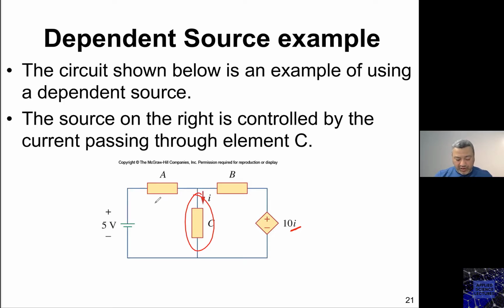This is how we identify the controlling variable and the generated amount of energy. Always keep in mind, if you see a plus minus, then you are generating a voltage. The voltage generated by the dependent source is 10 times the current flowing in this branch.